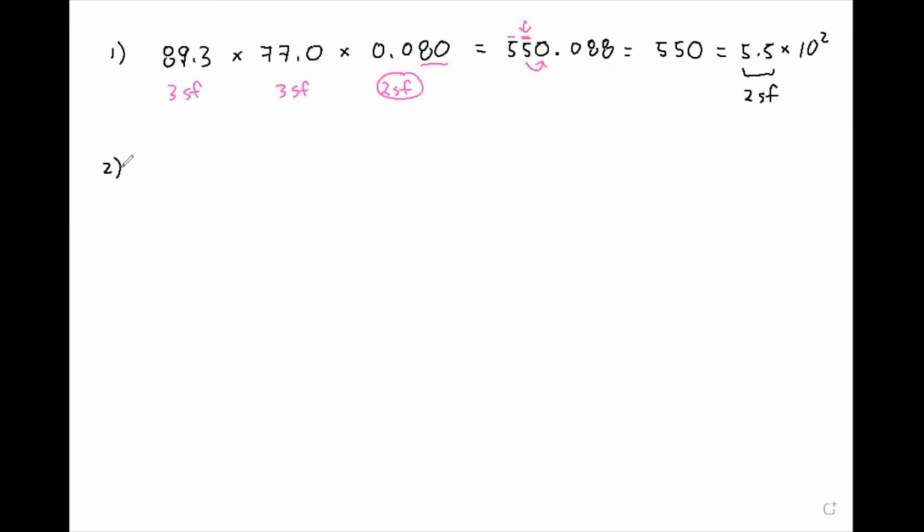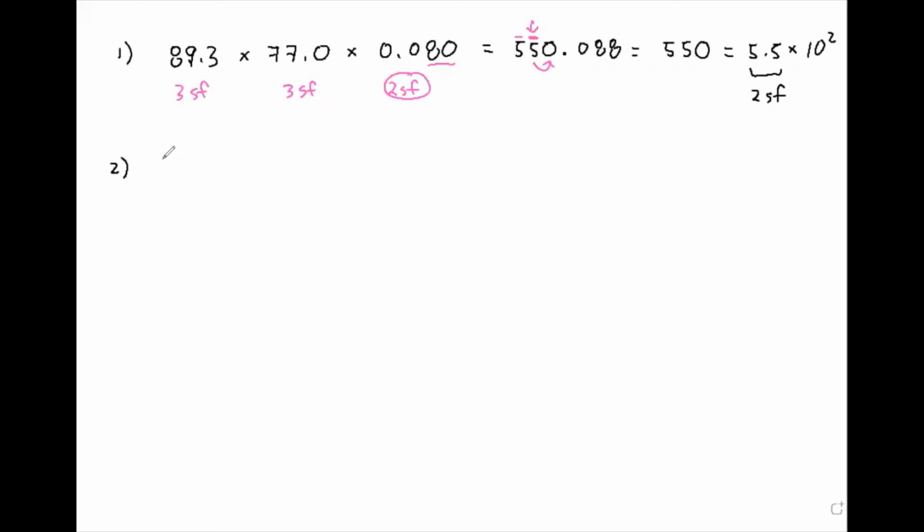Okay, problem 2. So this is a multi-step one. Oh, no, just one step, sorry. I'm getting ahead to problem 3. So problem 2 is an addition problem. You have 0.005 plus 0.0987.